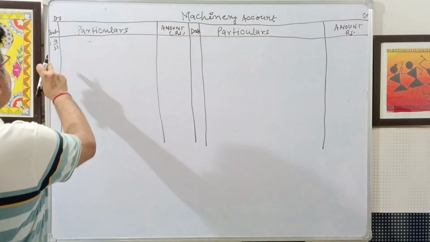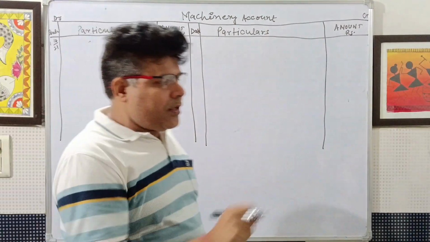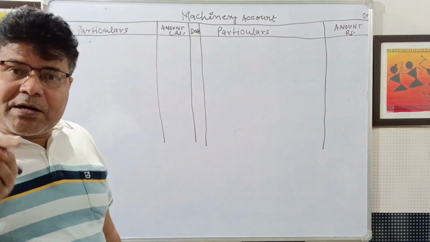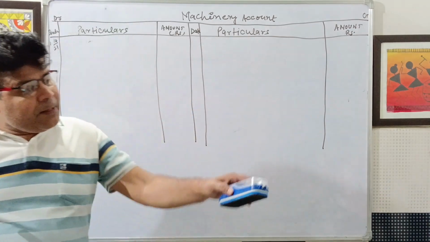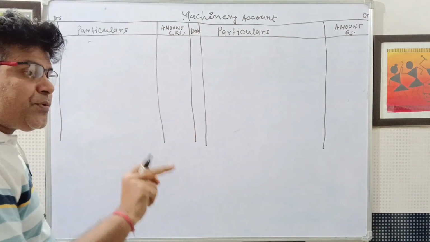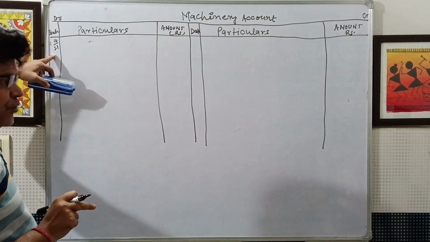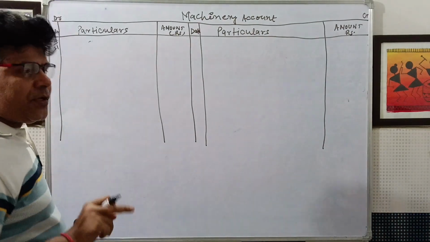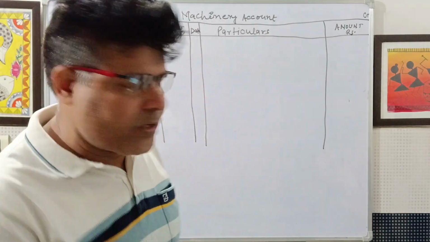First understand the date. The purchase is in October, and the closing is on 31st March every year. The year runs from 1st April to 31st March, but the machine was purchased on 1st October, so in the first year you charge depreciation for 6 months only.